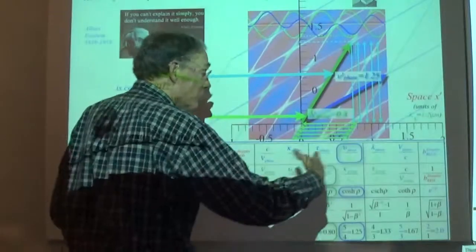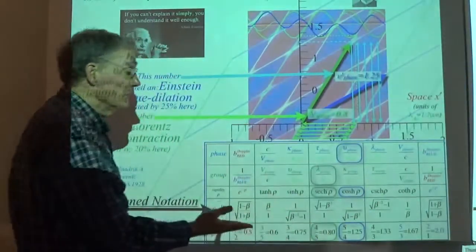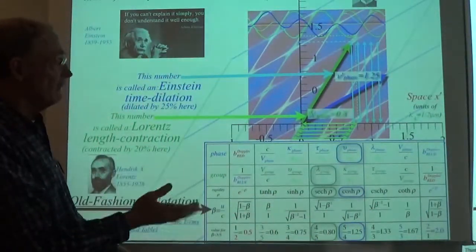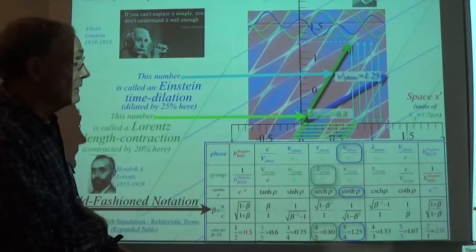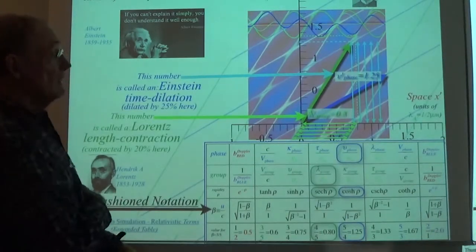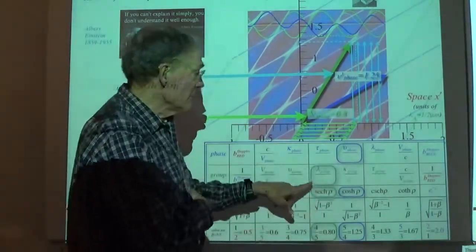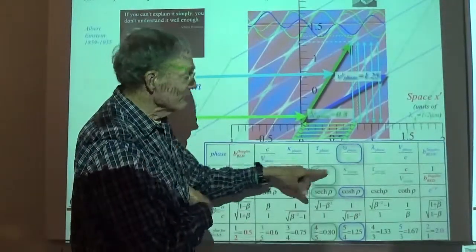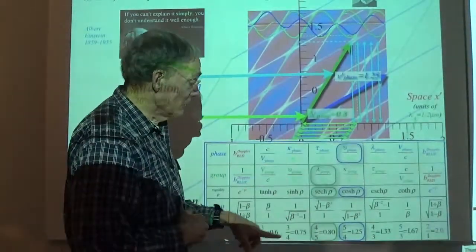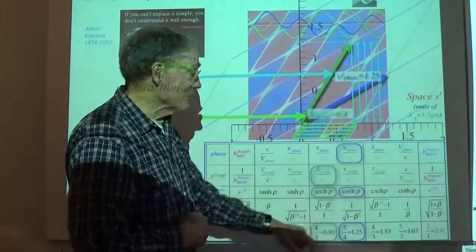And those are all taken care of automatically by the pieces of the wave that we're working with here. Namely, its wavelength. This was the group wavelength, and it is showing a contraction, okay?